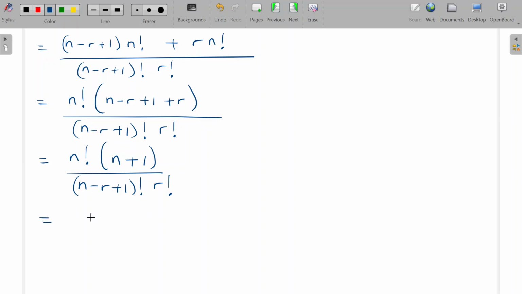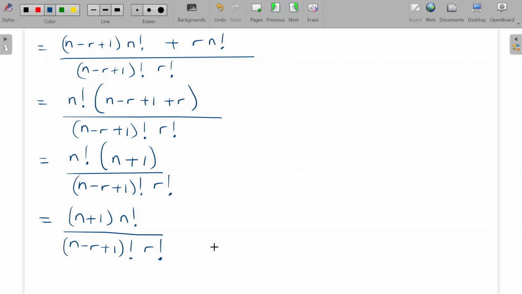Then this will be equivalent to, so this one I'm going to just arrange in order. This one is bigger than this one. So I'm going to have n plus 1 first, then I'll write the n factorial following over n minus r plus 1 factorial r factorial.